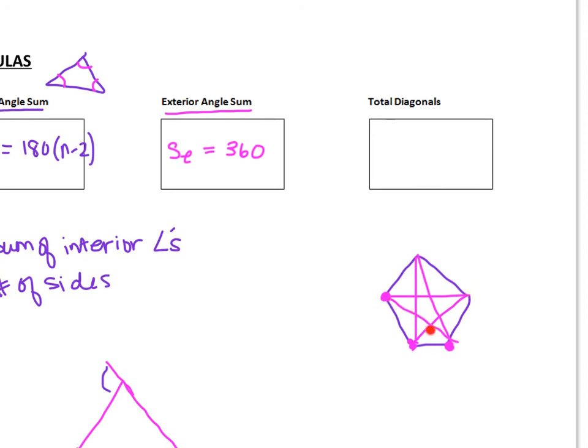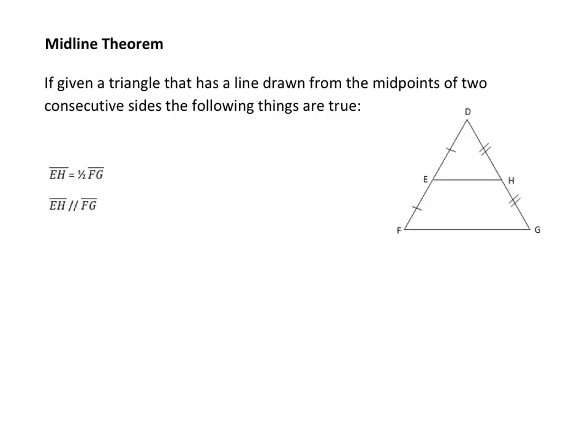And if you were to check your other vertices, all the diagonals are drawn. So this one has a total of 5 diagonals. The formula to find that, D equals n times n minus 3 divided by 2. And again, n is your number of sides.